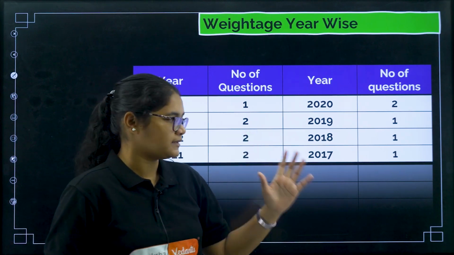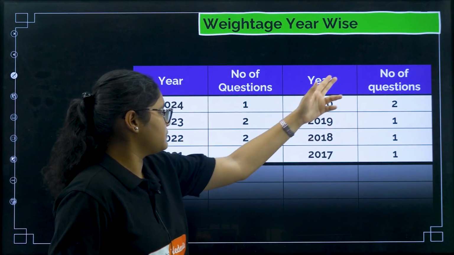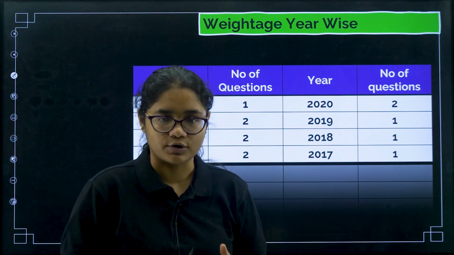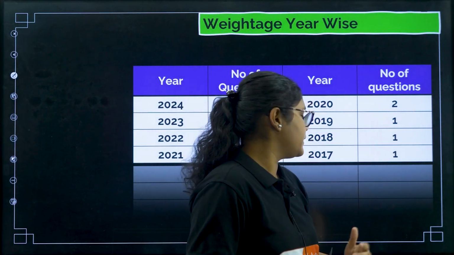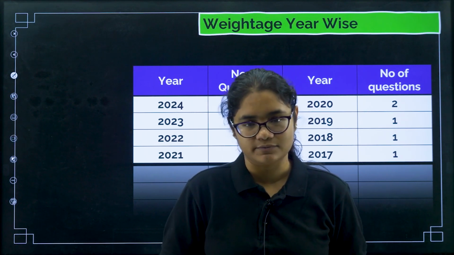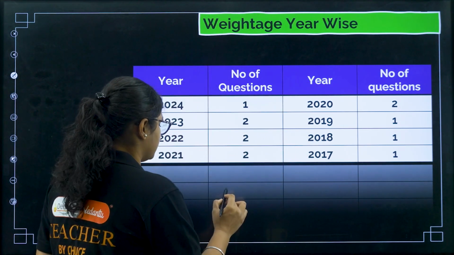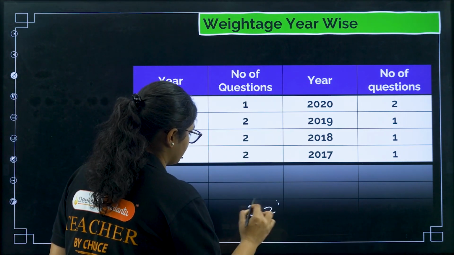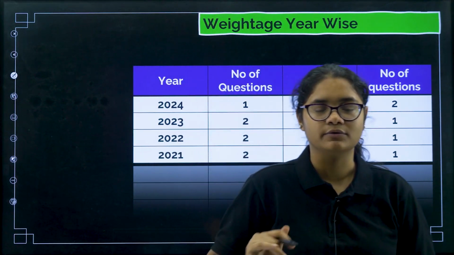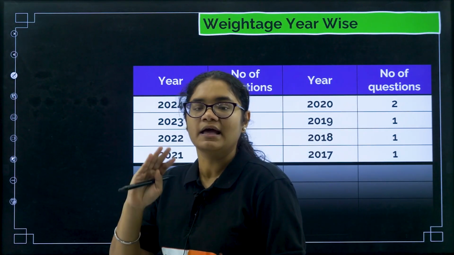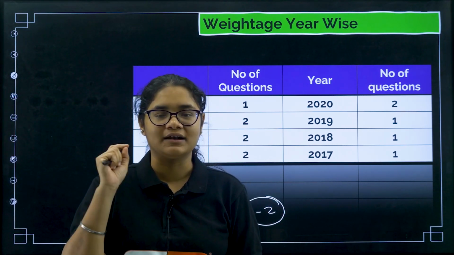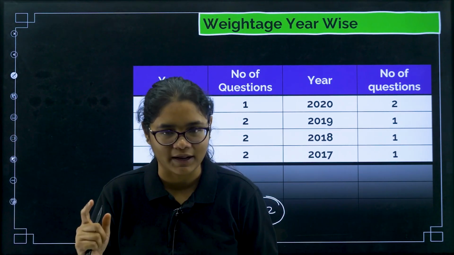You can see almost two questions have been asked for the last 4-5 years, and in 2024 there was one question from solubility product, and in 2019, 18 and 17 also you can expect one question was asked. So definitely you can expect 1 to 2 questions from this chapter. They are very easy if you do this particular lecture. If you complete the 4 lectures, I'll keep them very short and crisp and to the point so that you can just watch them and complete this chapter in a very short time.